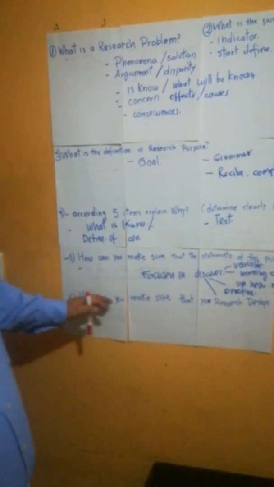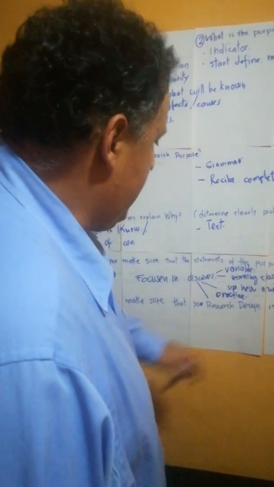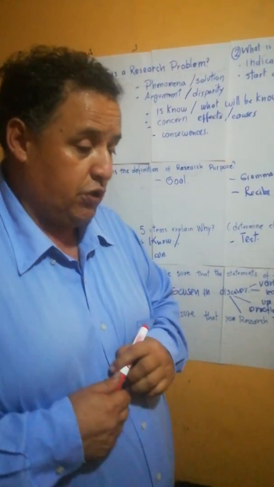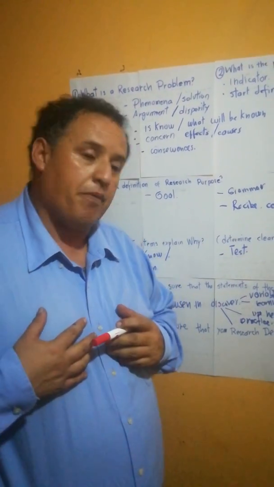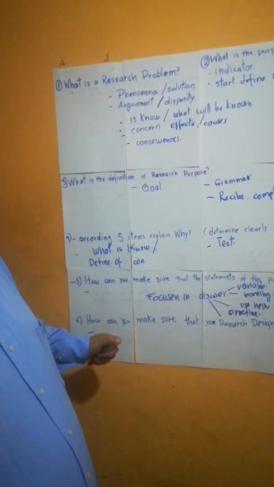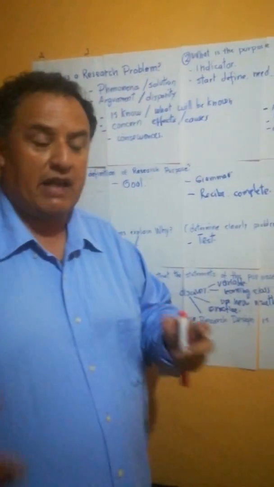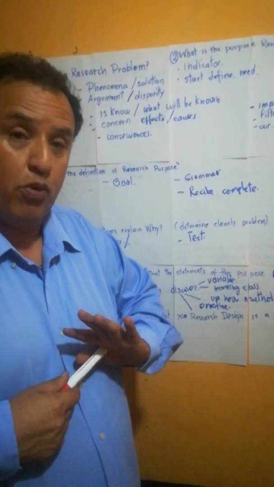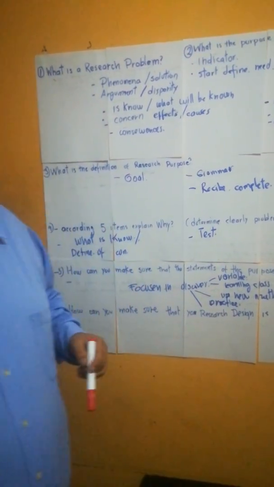So how can you make sure that your research design is a good fit? Well, first of all, the process has been tutored and guided by my personal tutor, or my teacher. And secondly, I will follow all the steps the teacher has given me.